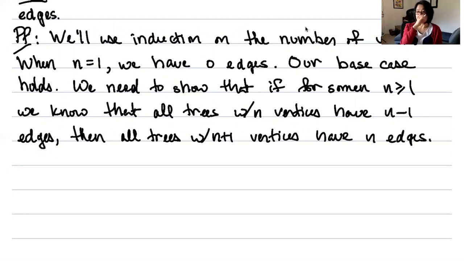So if for some n greater than or equal to 1 we know that all trees with n vertices have n-1 edges, we need to show that this also holds for trees with n+1 vertices.